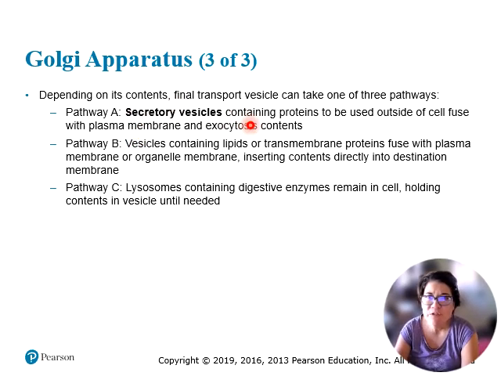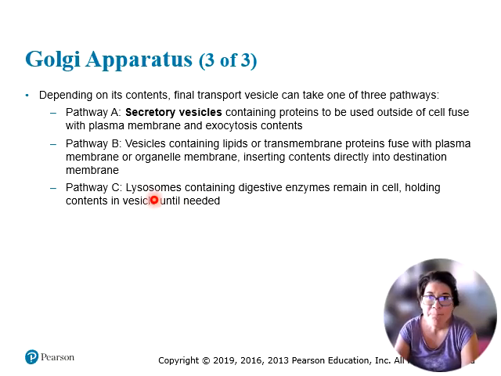So these are different things that the Golgi can do. Three things can happen. So pathway A, secretory vesicles can go out of the cell via exocytosis. That's one way. Vesicles that have lipids or transmembrane proteins can become part of the membrane, like maybe a channel protein.